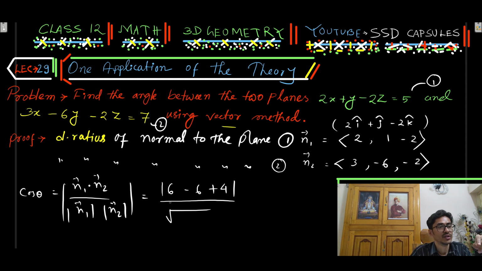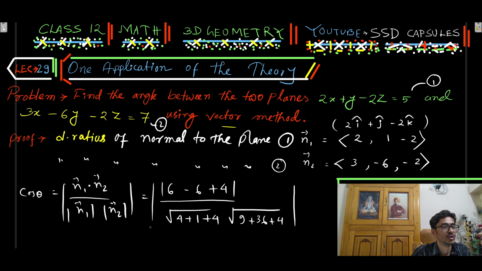n1 vector magnitude is root of 4 plus 1 plus 4. And n2 vector magnitude is root of 3 square, 9, plus 36, plus minus 2 whole square, 4. Take the whole magnitude. So equal to 16 minus 6, 10, so 14, and here 4, 4, 8, 9, so 3 into root of 36 plus 4, 40, plus 9, 49, 7.